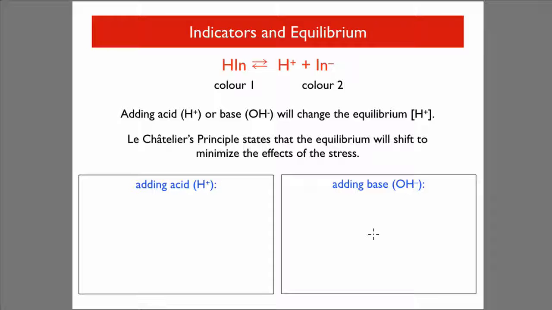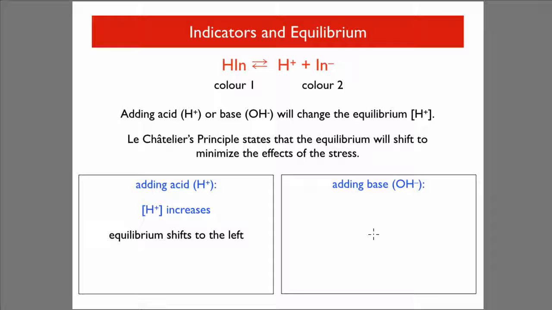So adding an acid or a base will change the equilibrium. It'll change the concentration of H+. Le Chatelier's principle states that the equilibrium will shift to minimize the effects of the stress. So if we add an acid, we're increasing the concentration of hydrogen ions.